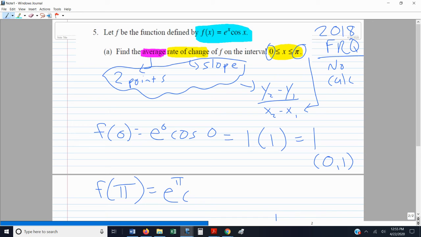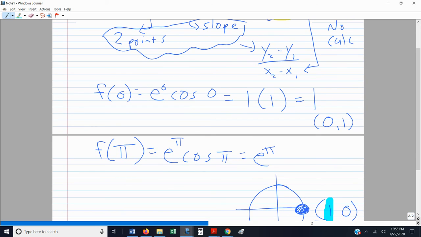E to the pi cosine of pi. So this is a no calculator question. E to the pi, you're going to have to just leave it, because e is around 2.7, pi is around 3.14, you're just leaving it. Then you have cosine of pi.